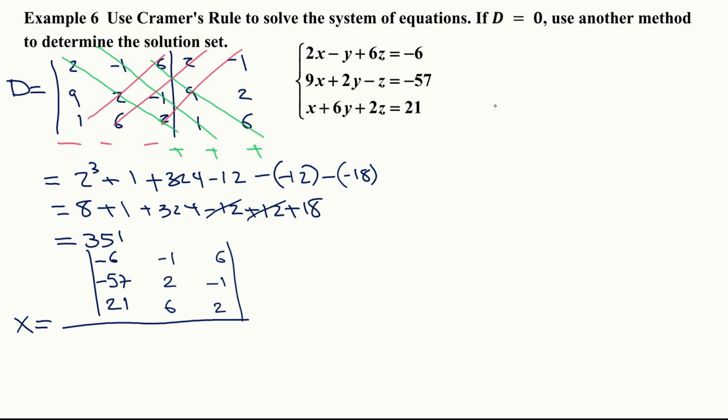Now the denominator, we already know it's going to be 351, right? We don't need to write that again. All right, so let's go ahead and be lazy and just do what we need to write here. So -6, -57, and 21, and then -1, 2, 6.